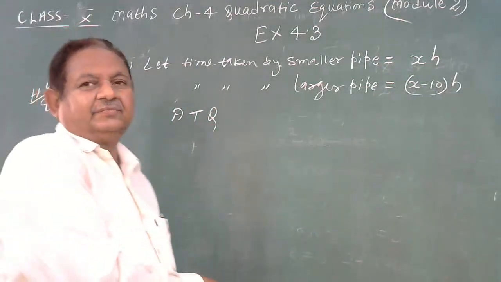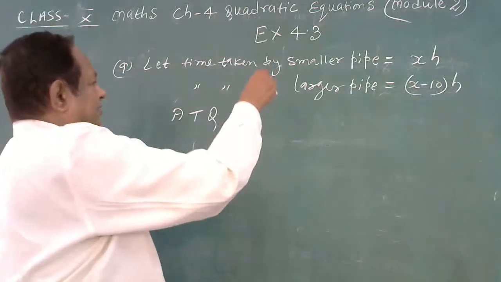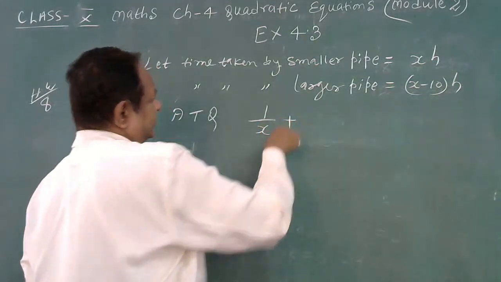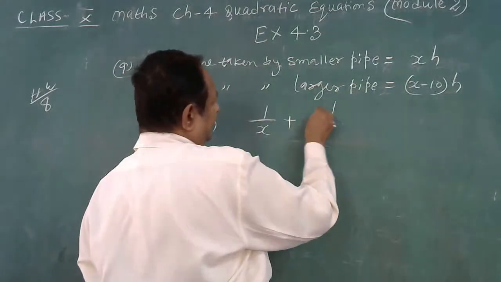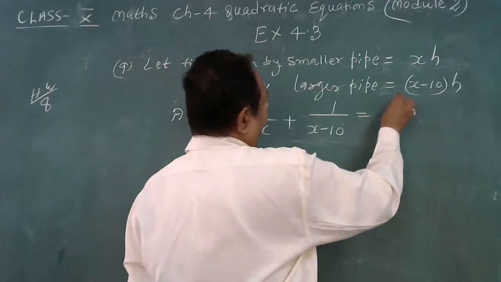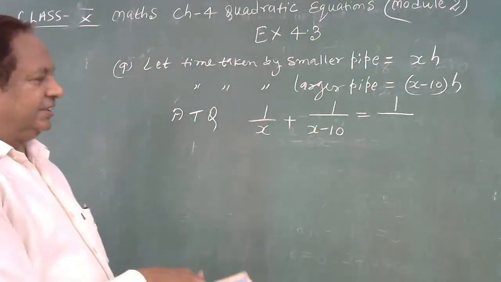in 1 hour, what will be the work done? 1 by x. So 1 by x plus, in 1 hour, the work done will be 1 upon x minus 10, is equal to 1 upon 9 3 by 8.